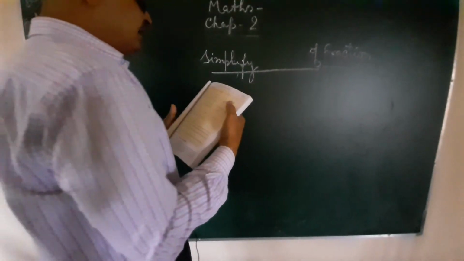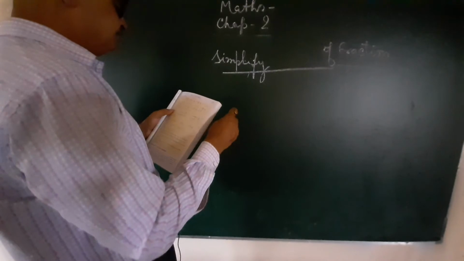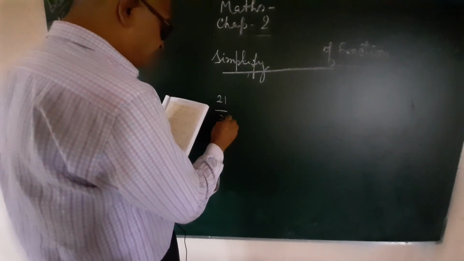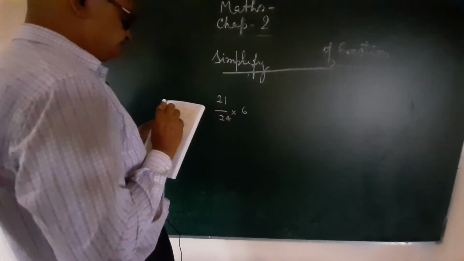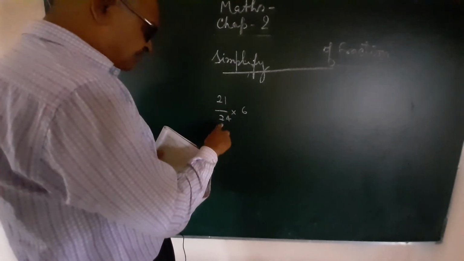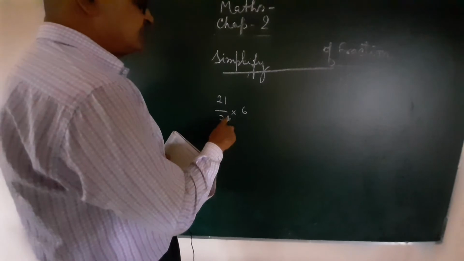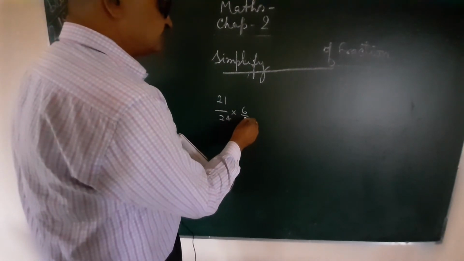Here, first multiply 21 upon 24 into 6. This number 21 upon 24 is a fraction, and 6 is not a fraction, so we change this into a fraction, 6 by 1.